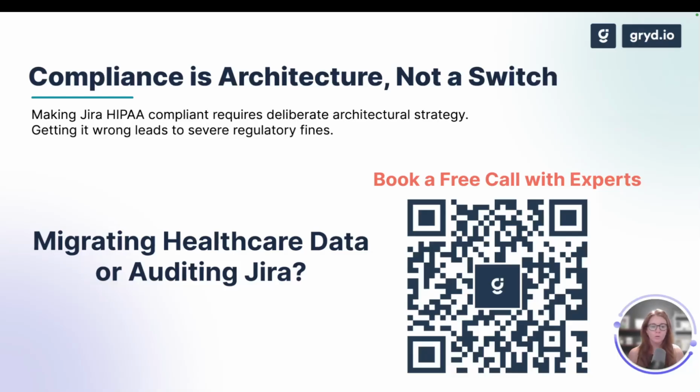So when creating your Atlassian instance to be HIPAA compliant, there are a lot of ways to mess it up. Not necessarily maliciously, but there are a lot of things that you need to cover. And when it comes to being compliant with legal regulations, it's important that you do it right. Compliance is not just a switch. It's not just signing that BAA. It's not just having that in place.